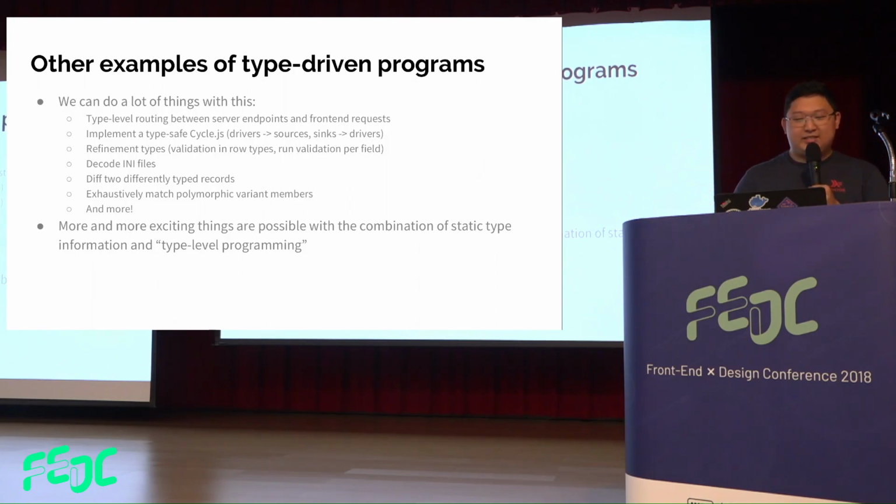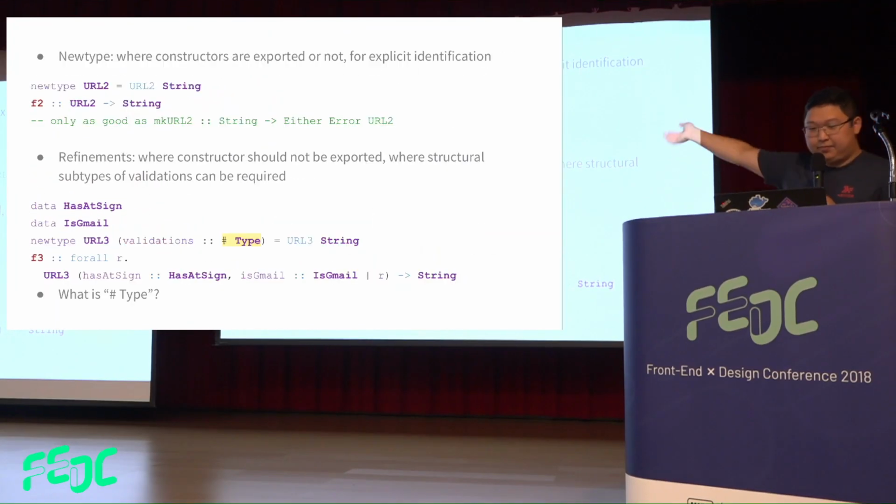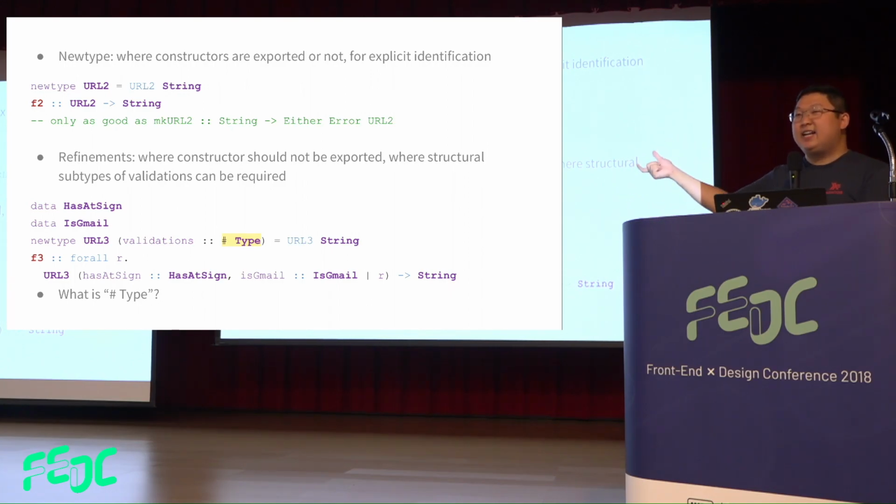We can do the refinement types that I talked about at the beginning, with the URL validations as a row type. So we have this opaque data type, has @ sign, and is Gmail. We can write code so that whenever we want to define this, we can statically generate all the code needed to validate all these properties, instead of writing the boilerplate ourselves by hand.